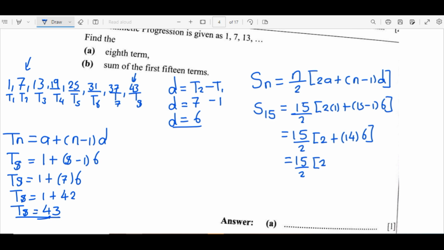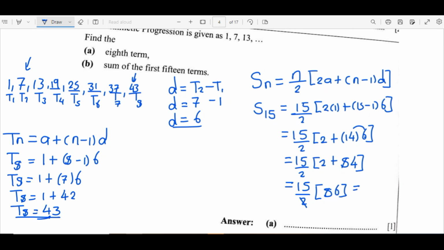How can we multiply 14 times 6? 6 times 4 is 24, we keep the 2. 6 times 1 is 6, plus 2 is 8. So 14 times 6 is 84. We have 15 over 2 times, 2 plus 84 is 86.